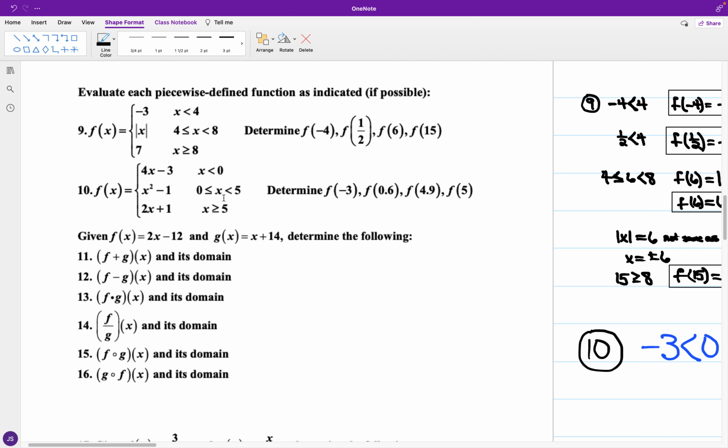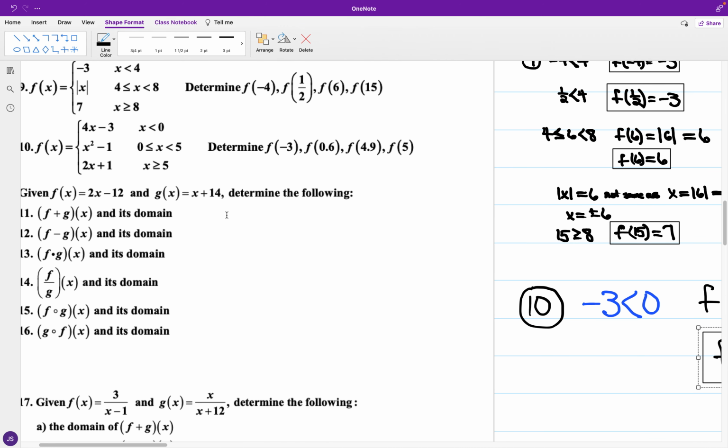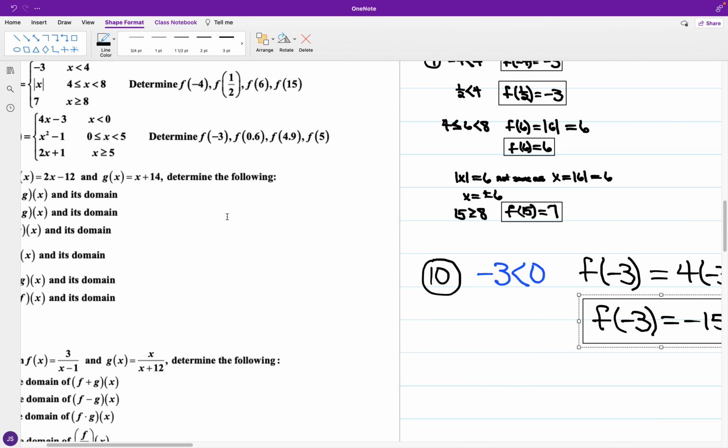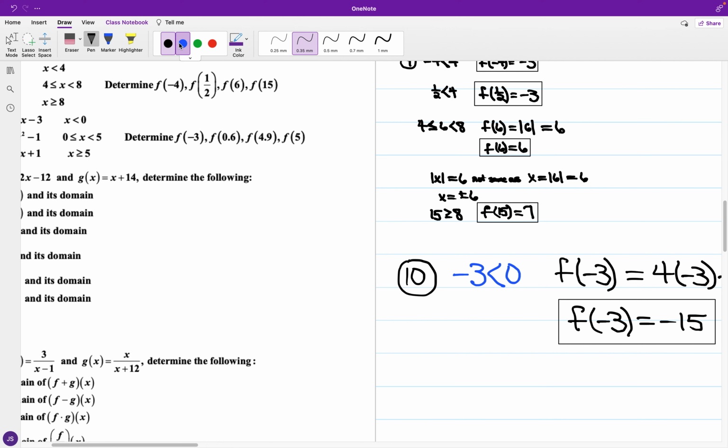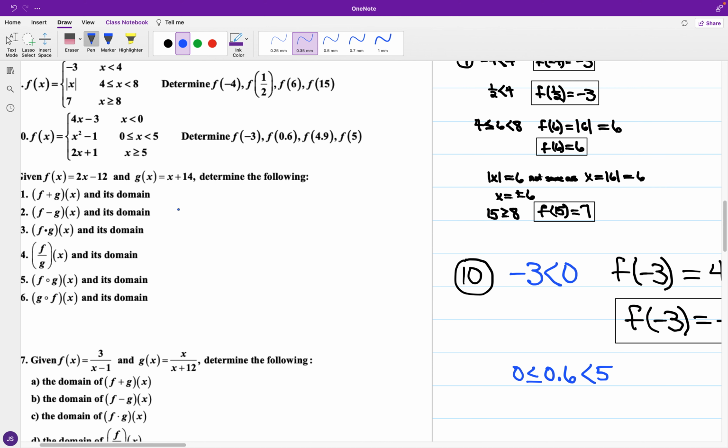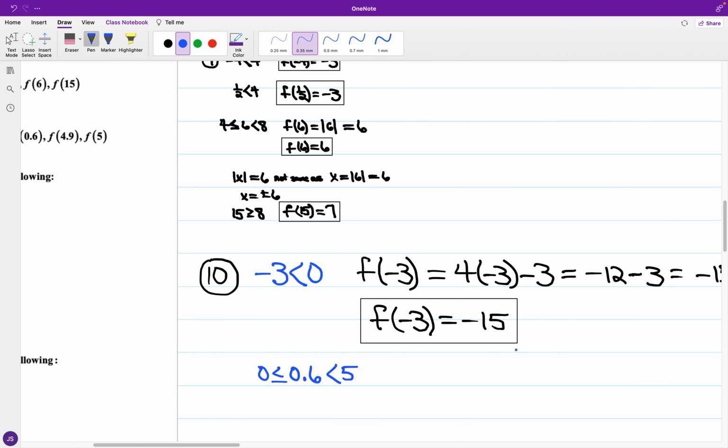In turn, 0.6 is less than 5. That is also true. So we apply the x squared minus 1 portion. For the setup, we have 0 is less than or equal to 0.6, which is less than 5. And again, we're applying the x squared minus 1 treatment.